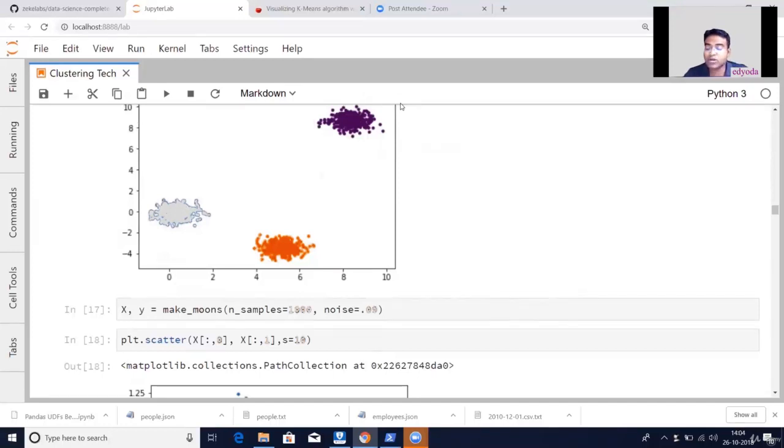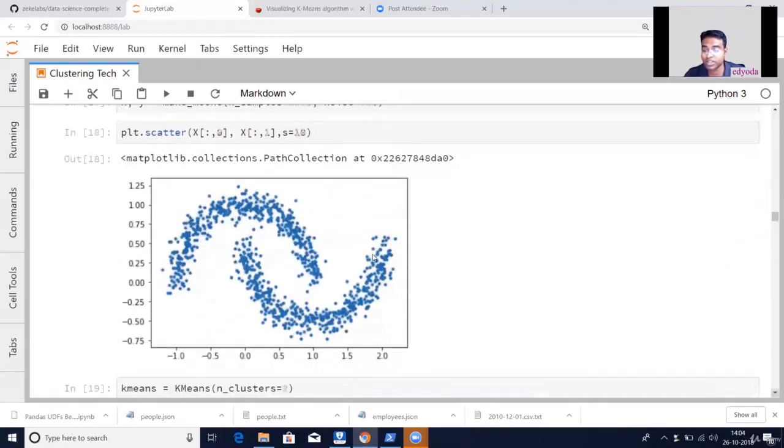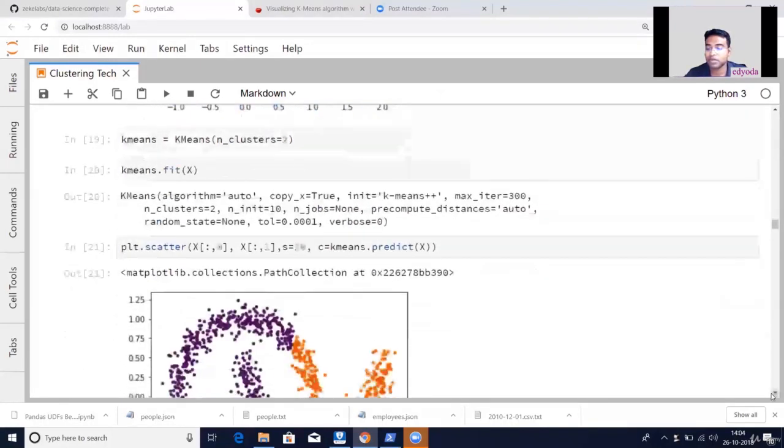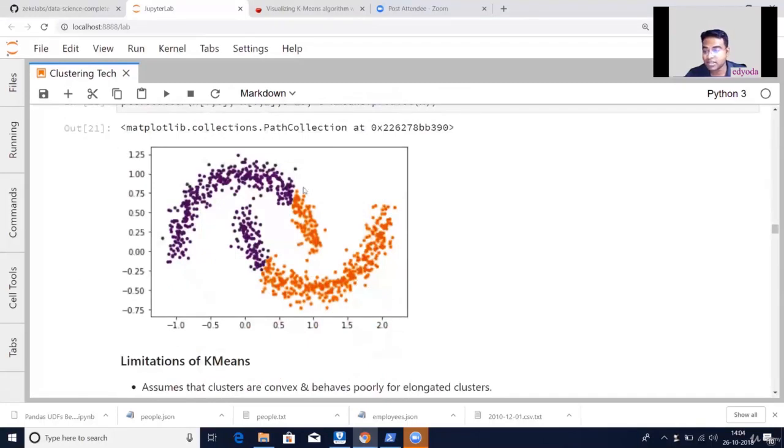Let's now try to use k-means for a different type of data. We are generating make moons, so that it's not really in a cluster shape. We now want to apply k-means here and see if it makes sense. Technically, this can be one cluster and this can be one cluster. Let's see if k-means is able to solve this problem. We know there are 2 clusters, and when we train the model and predict, we can see it's picking this as one cluster and this as one cluster.